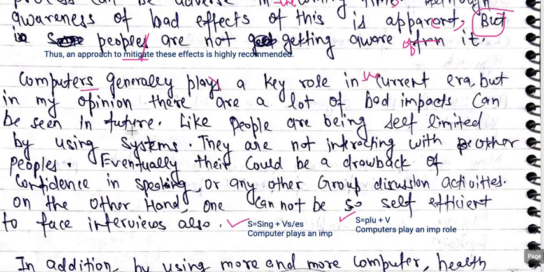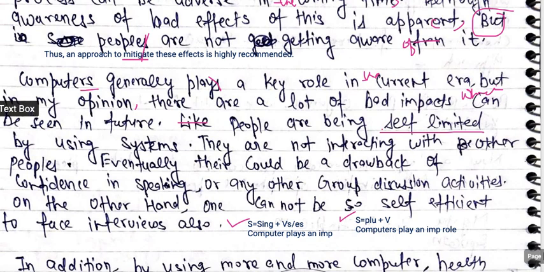But in my opinion, there are a lot of bad impacts, okay? There, you said, which, you will say, which can be seen in future, okay? People are being self-limited. What do we mean by that?